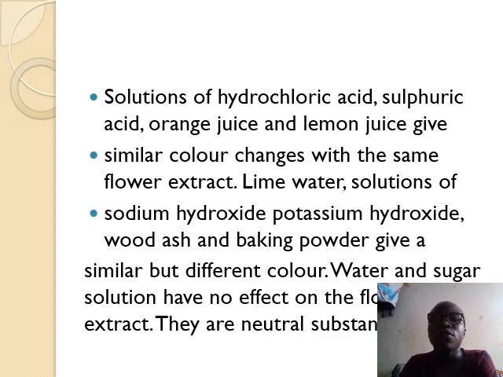Then lime water and solutions of sodium hydroxide, potassium hydroxide, wood ash, and baking powder give a similar but different color. Water and sugar solution have no effect on the flower extract because they are neutral substances.